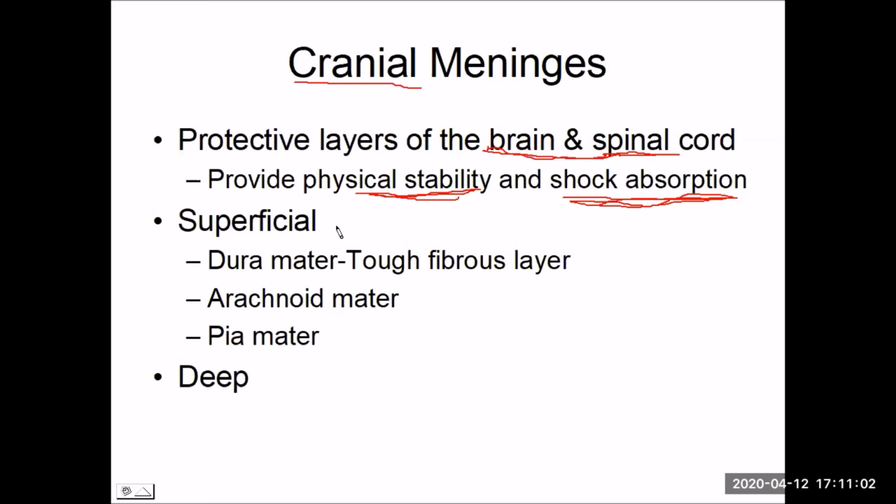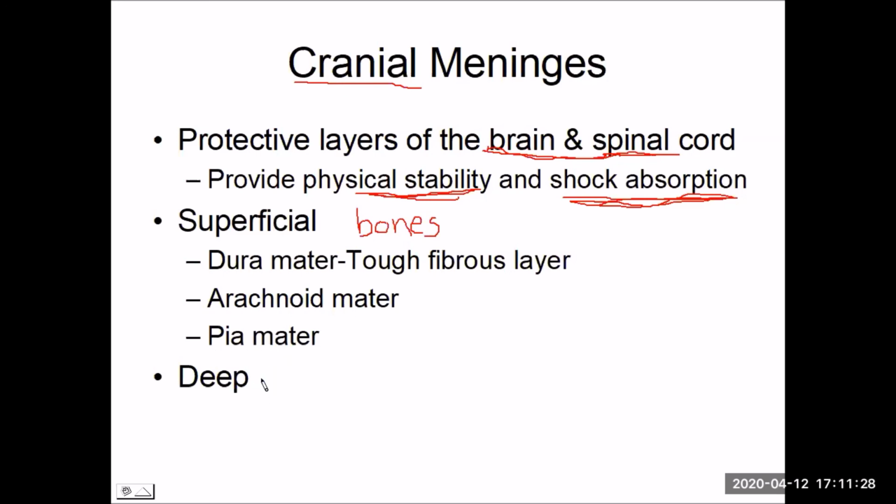So to start from the superficial end again, just directly deep to the bones, and in this case, the cranial bones, fused onto the deep internal surface of the cranial bones, we have this first major layer of the meninges known as the dura mater. And then deep to that, the second major layer, the arachnoid mater. And then lastly, the pia mater.